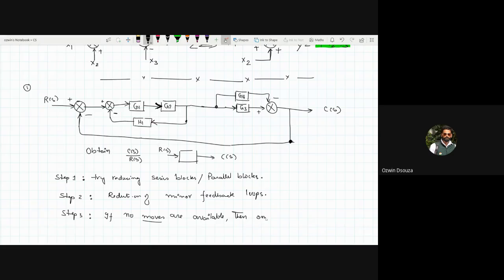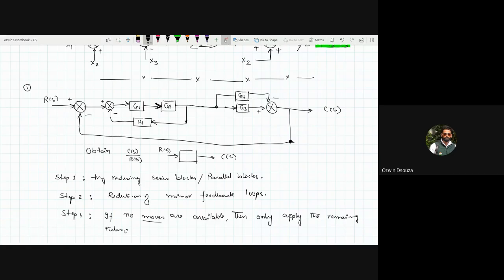Only then apply the remaining rules. But always remember, when you apply the remaining rules, you try to get the series blocks or minor feedback loops by applying the remaining rules.